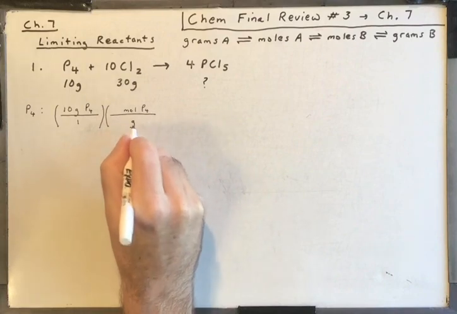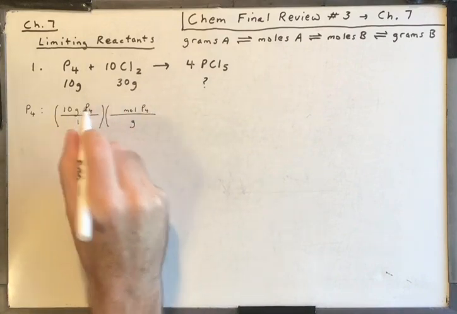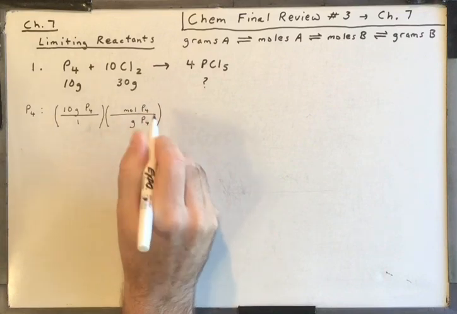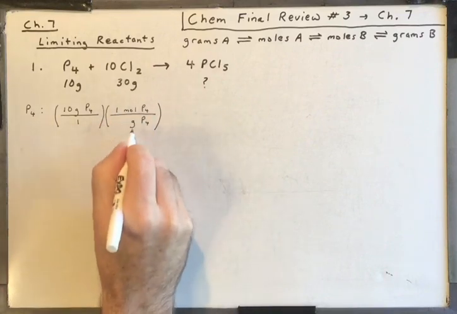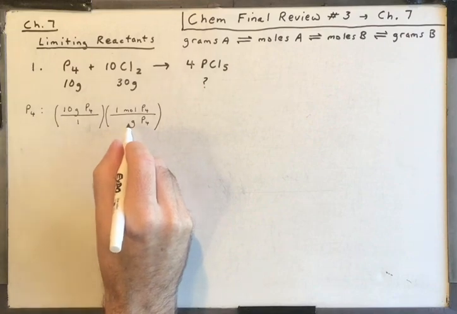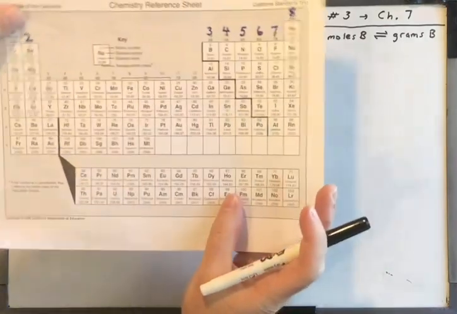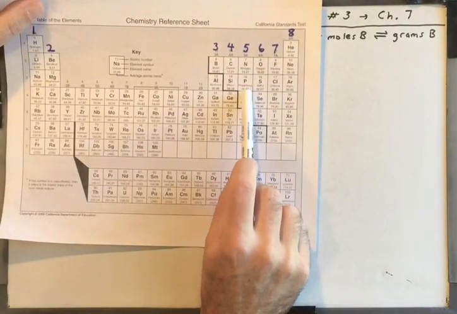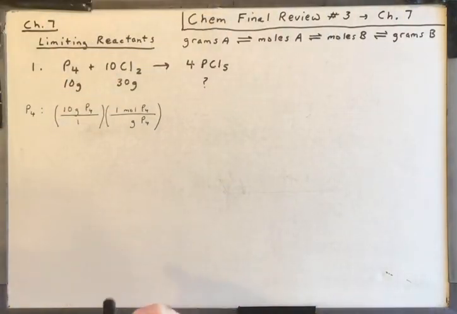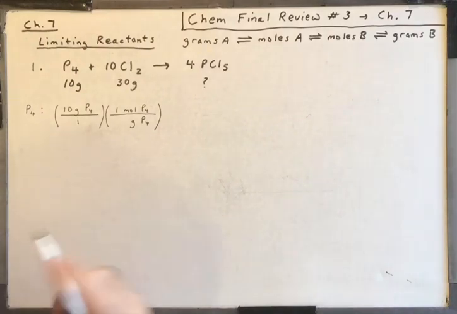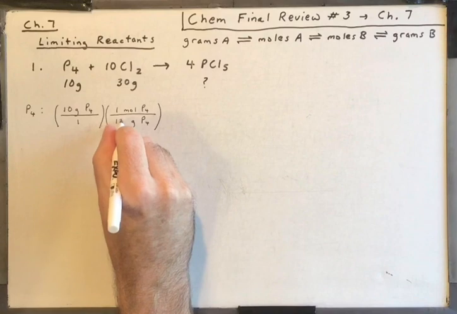And the unit we put on the bottom is, go up 1 and to the left, grams of P4. The 1 goes by the mole when it's moles in something else. And we need to add up P4 on the periodic table. Well, each phosphorus weighs 31. All right, so 31 times 4 will be 124 grams.